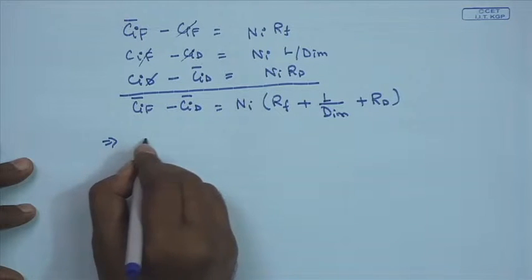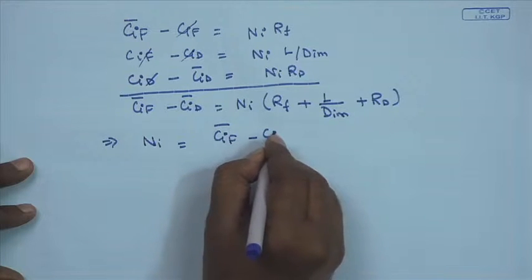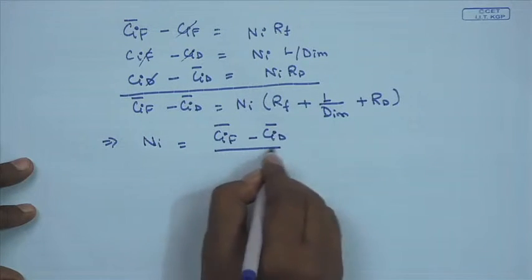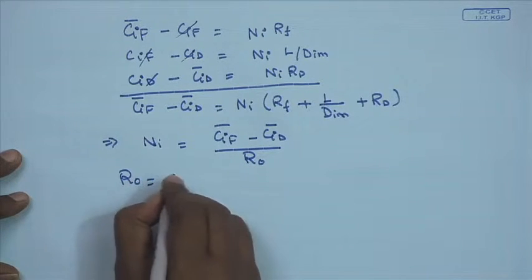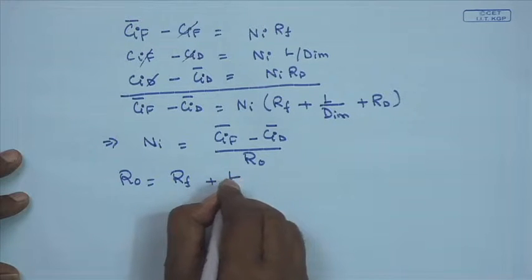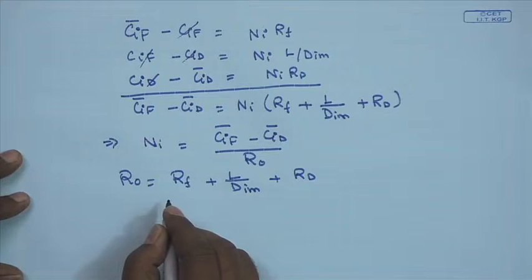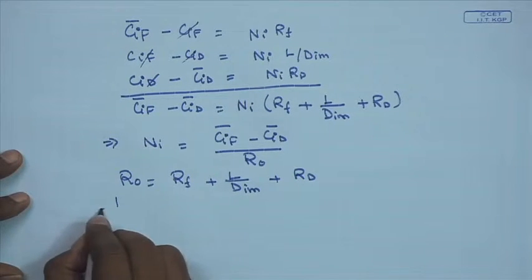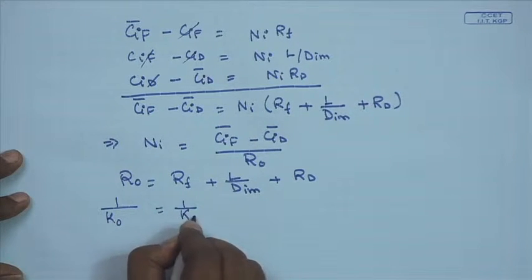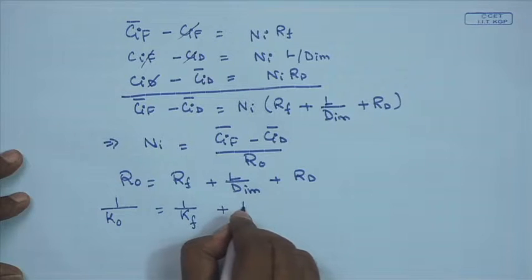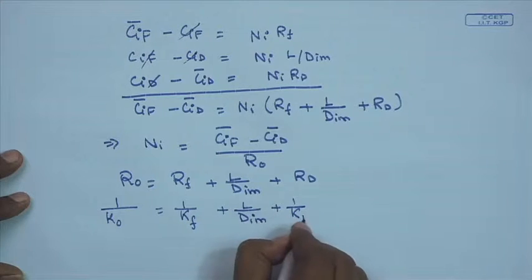So, we can get an overall resistance: Ni is equal to Cif bar minus Cid bar divided by R overall. So, overall resistance can be written as Rf plus L over Dim plus Rd, and you can write the overall mass transfer coefficient. So, K overall is equal to 1 over K in the feed side plus L over Dim plus 1 over K in the dialysis side.